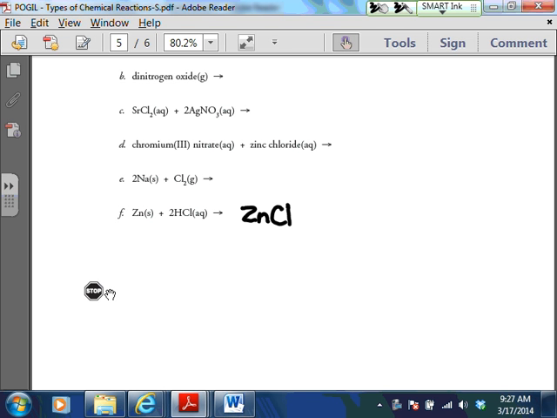So how do we know the subscripts? This is an ionic compound, and zinc is a 2 plus, chlorine's a 1 minus, so when you crisscross, you end up with ZnCl2. Plus, what's left over? H. Hydrogen's diatomic, so it's got to be H2.